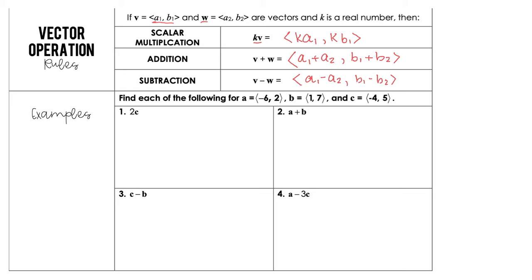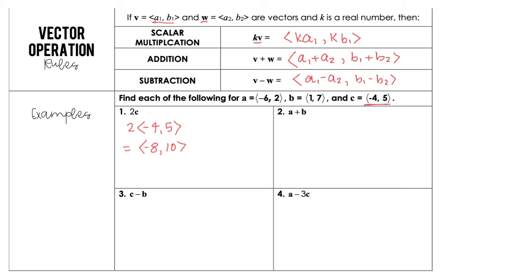Now let's look at our examples. The first example says 2 times C. So 2 times negative 4, 5, that's going to give you negative 8, 10.